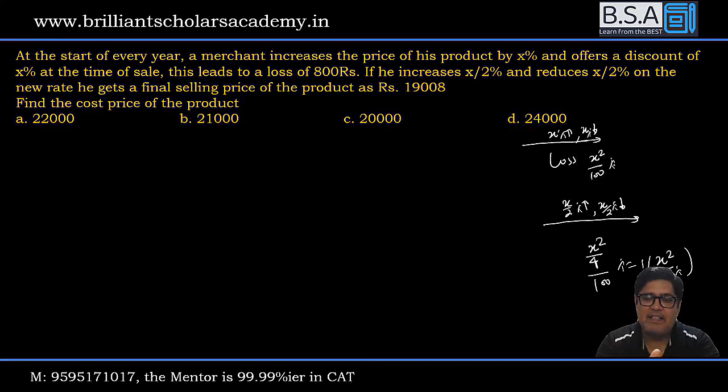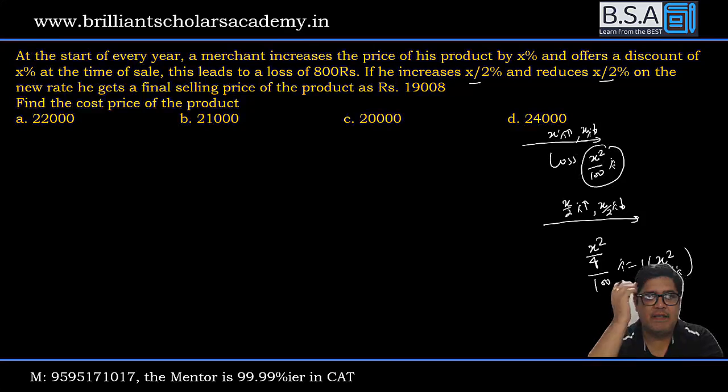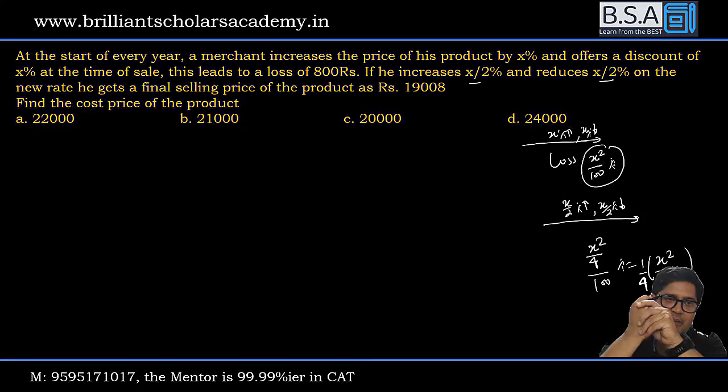I am performing increase and decrease by X by 2. I have changed the percentage here. So earlier, as a percentage, it was X square upon 100. Now it is X square upon 100 times 1 by 4. So if the percentage becomes one fourth, your loss will also become one fourth by default.